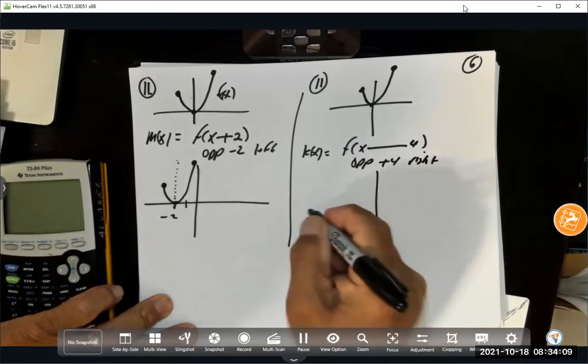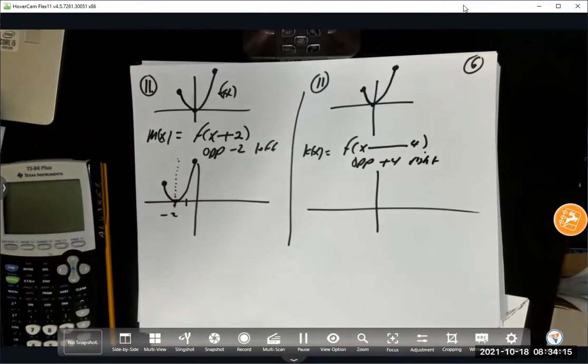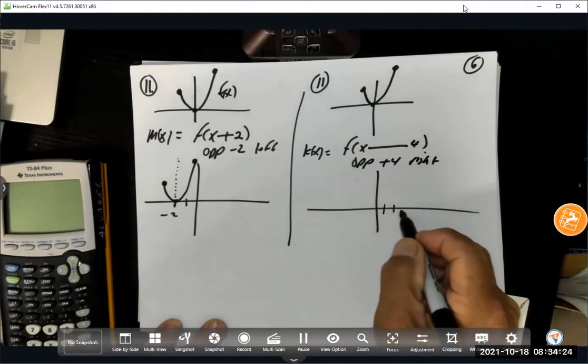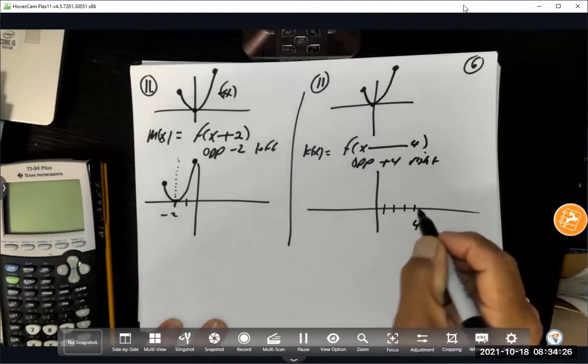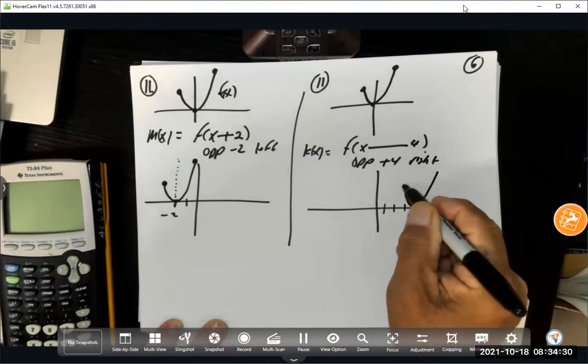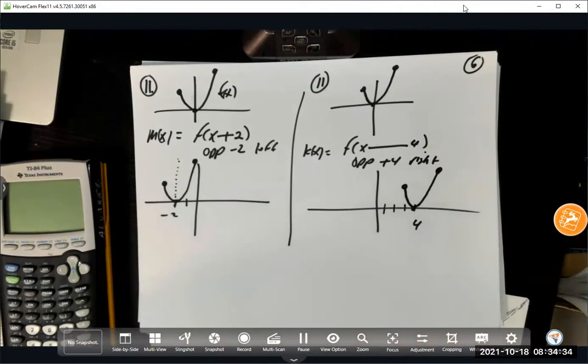So here's the original graph. Where's it going to go? To the right 4. It's just going to go here like this. That's going to go that way. Does that make sense? Yes or no?